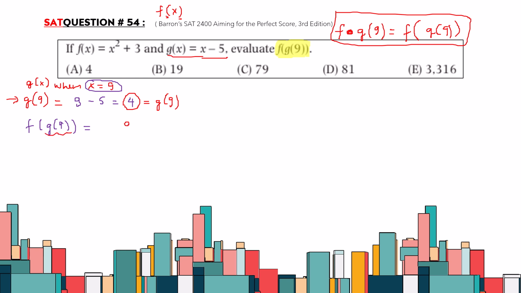Oh, I mean it's 4, because g of 9 equals 4. So we have f of 4. Don't be confused. So f of 4, because g of 9 is equal to 4. Now we have to evaluate the function f of x when x is equal to 4.